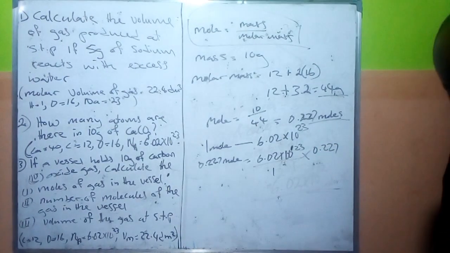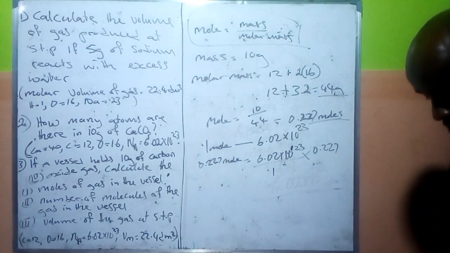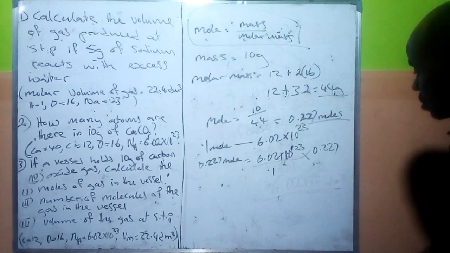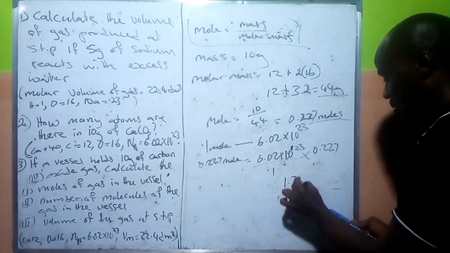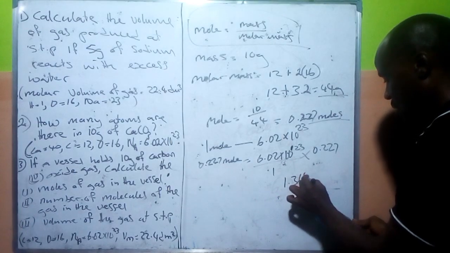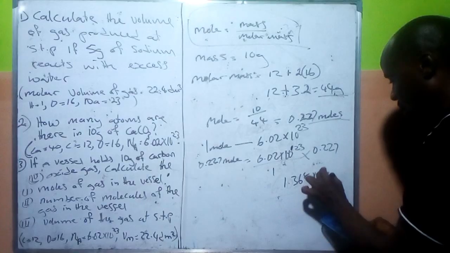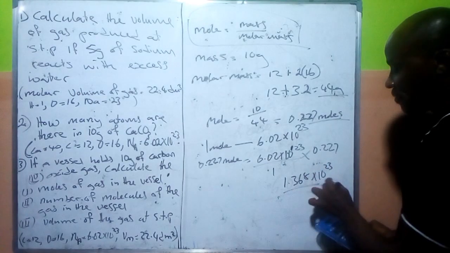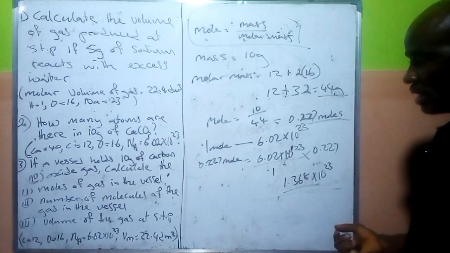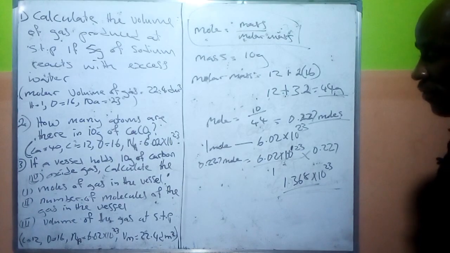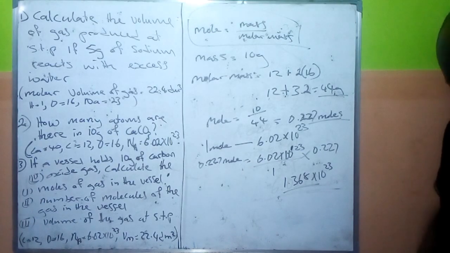So when we do that, what we get is 1.368 times 10 raised to the power 23. That's the number of molecules. Now the last one says calculate the volume of the gas at STP.